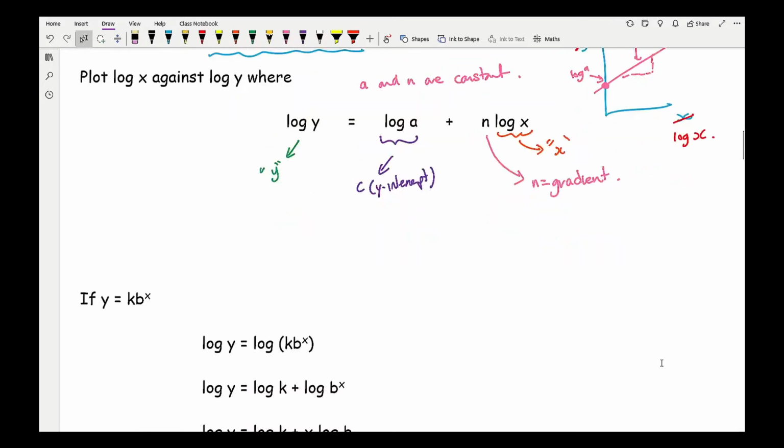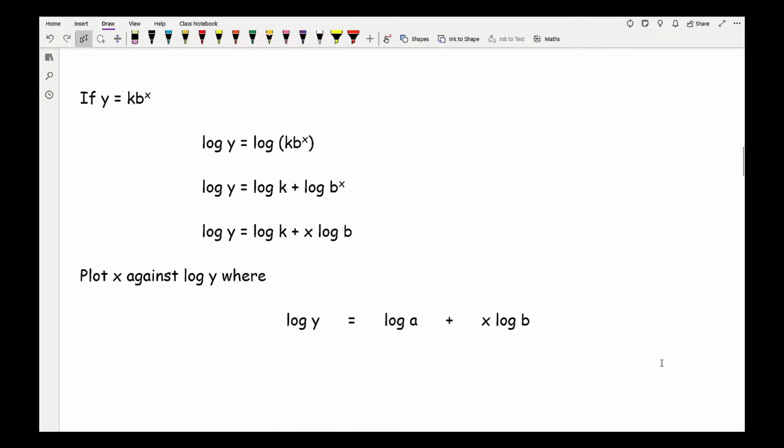So then moving on to an exponential graph. Again, looking at our original equation, which is this here. And again, what we're going to do is take the log of both sides.